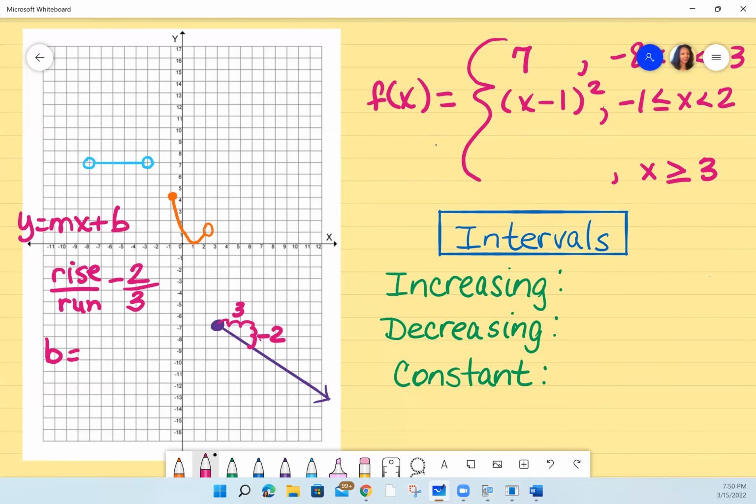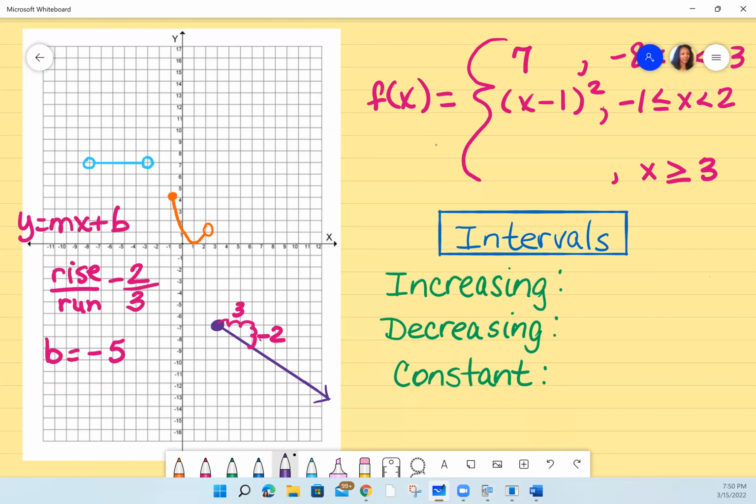I can do the same thing. I can use my slope and go up 2 this time, 1, 2, and then over to the left 3, 1, 2, 3, as long as I account for that negative sign. So where did I end up? I ended up at -5. So we're going to say that our y-intercept is -5.